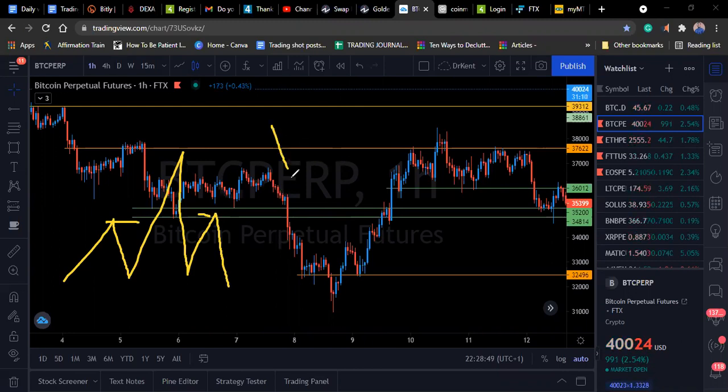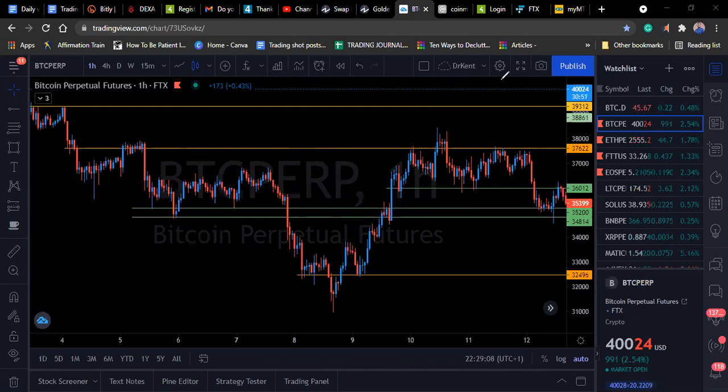Your first leg goes down, then a deeper leg, then comes up, then shoots up. So you have your head, shoulder, shoulder. So right now, we can see that pattern here. This, this, this, this, this.